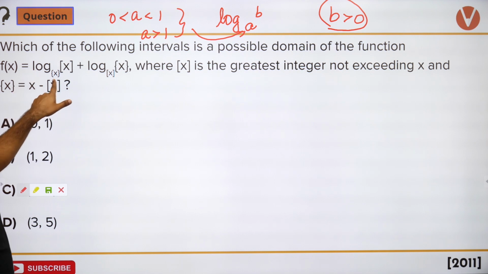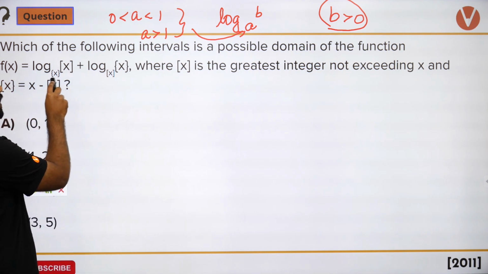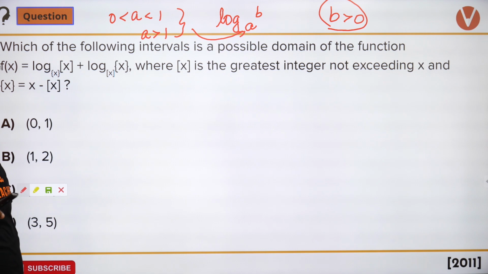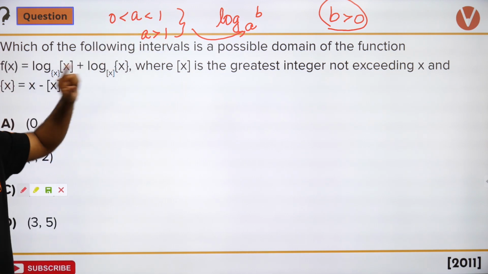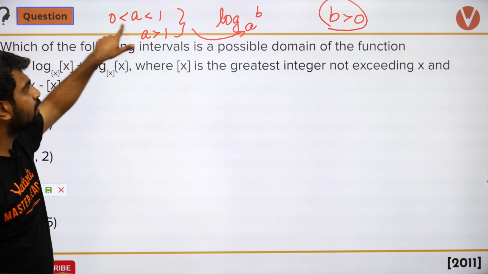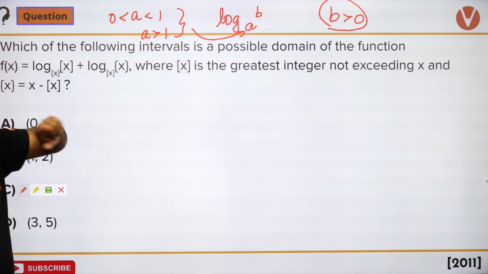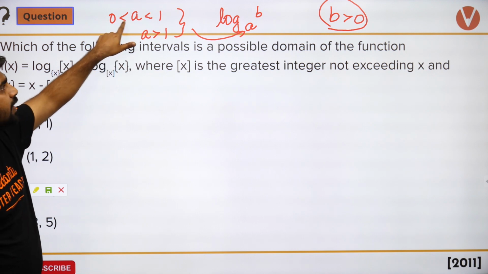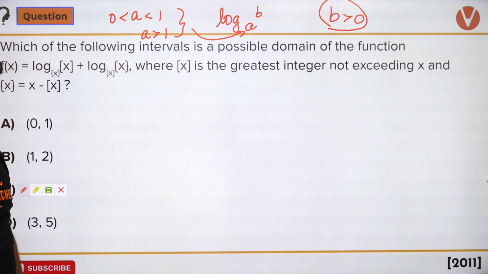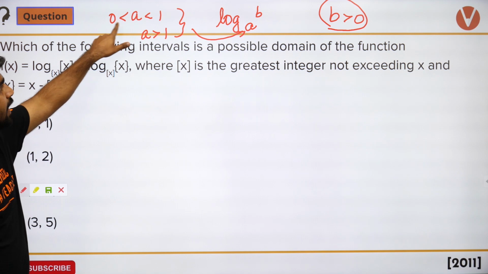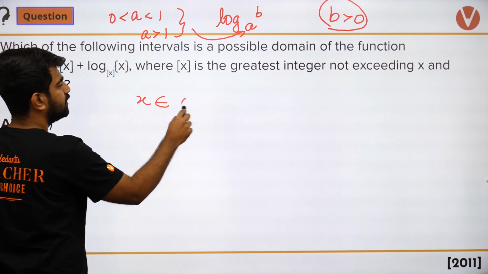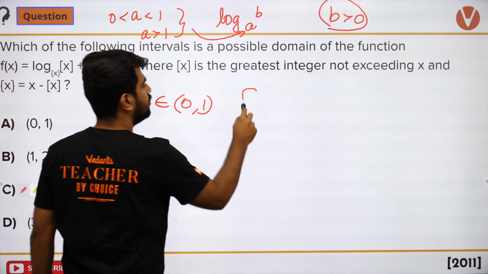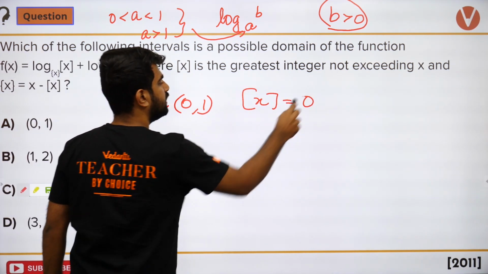The first thing is, I noticed that I have the fractional part of x here. The fractional part of x can take values from 0 to 1. But think about it. Can GIF of x take values from 0 to 1? Because if x is from 0 to 1, GIF of x will be 0.